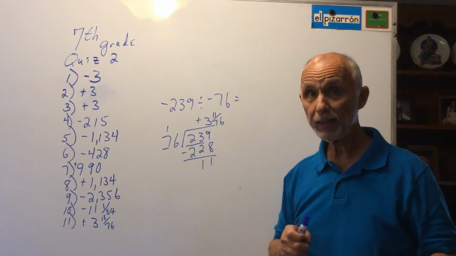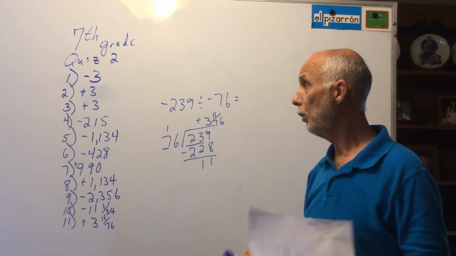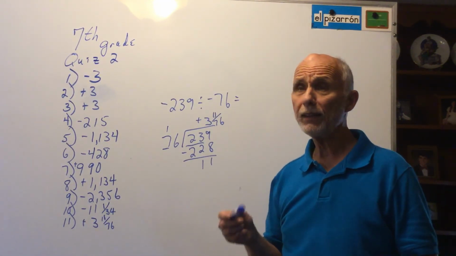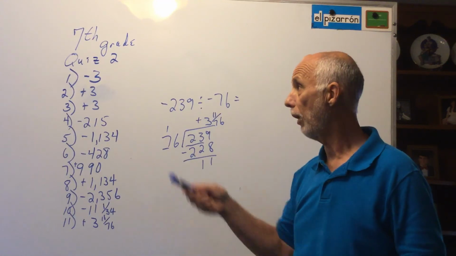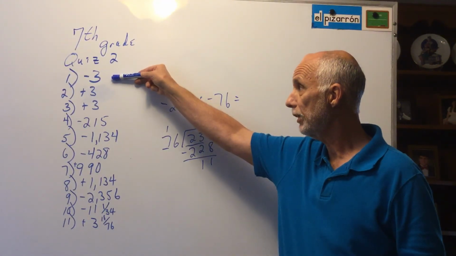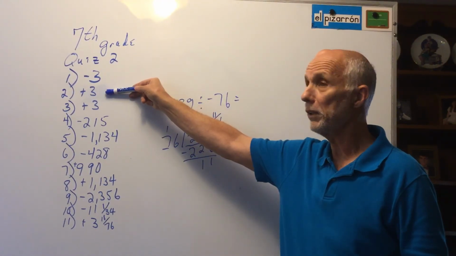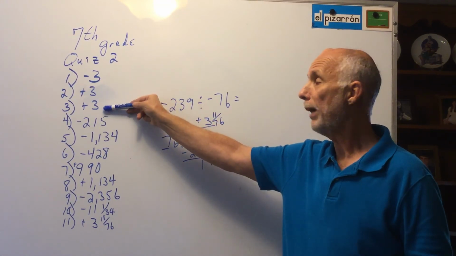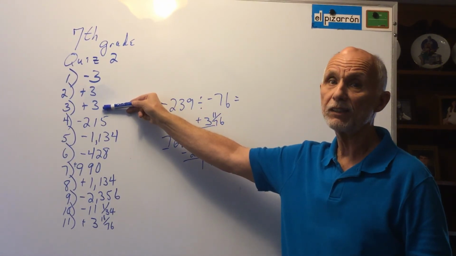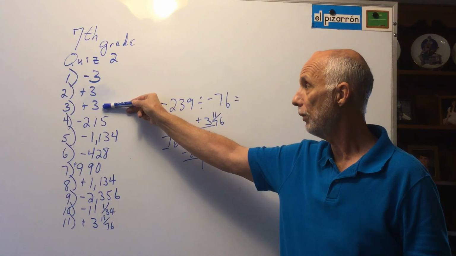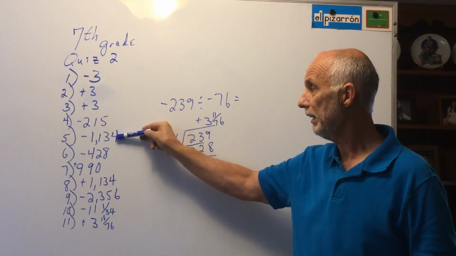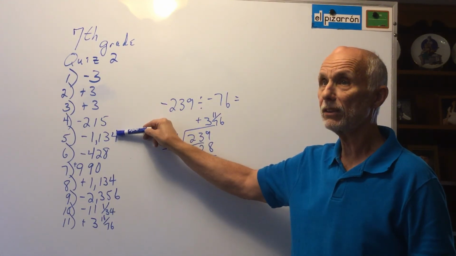So again, on this one quiz, we dealt with everything you need to know about integers so far. Additive inverse is the opposite. Absolute value is always positive. Compare: think of positive as having, negative as owing, and the one you'd rather have is always the largest. Adding: same signs, add and bring down the sign.